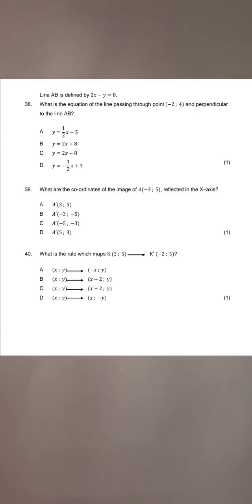So the appropriate rule that has been applied has to be A, where the x value was 2 and changed to become -2. So we can safely say that it is rule A that has been applied. And that is as straightforward as it gets with number 40.